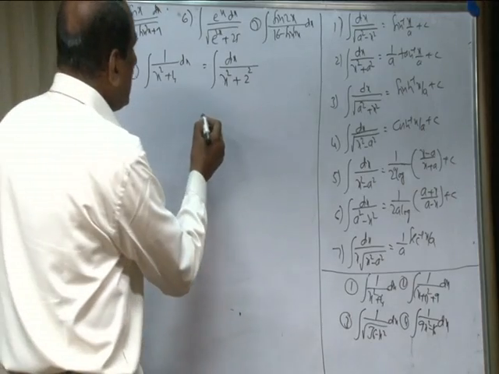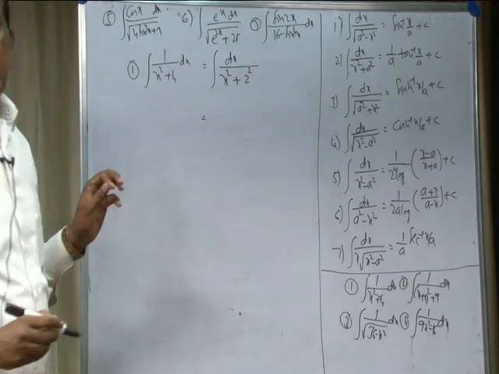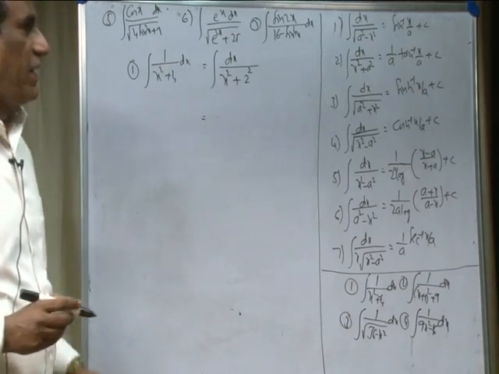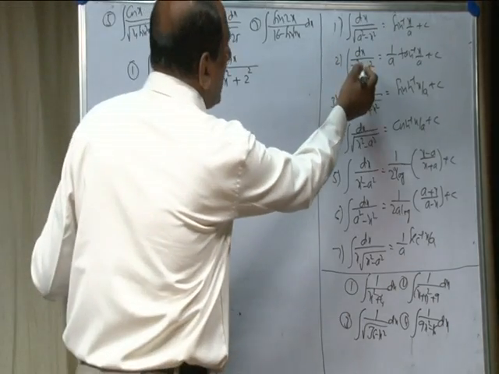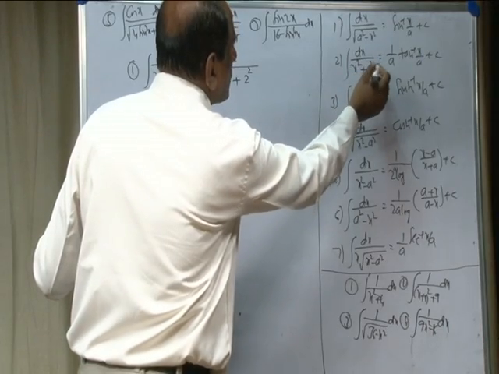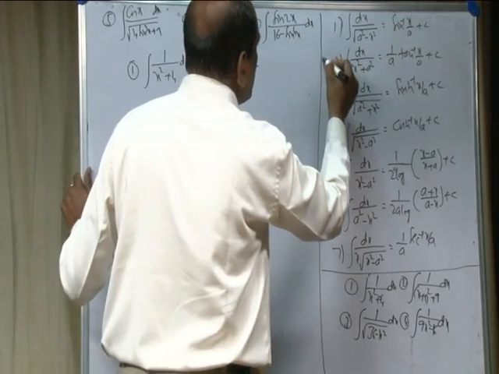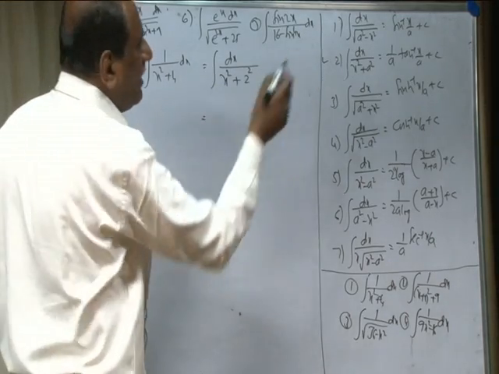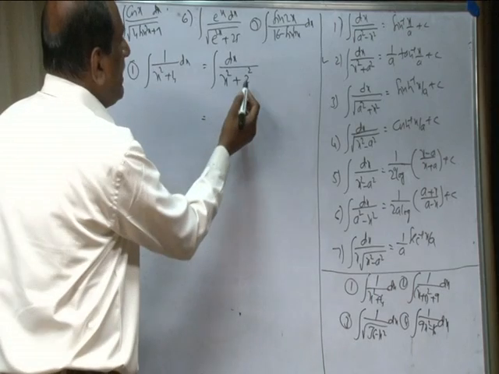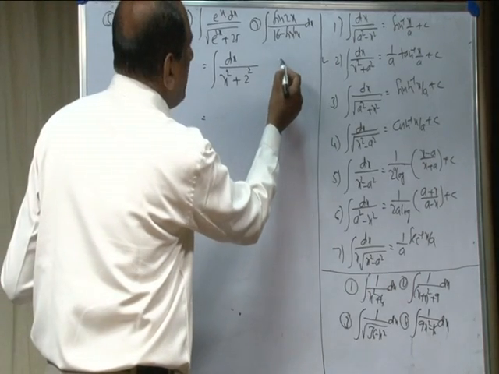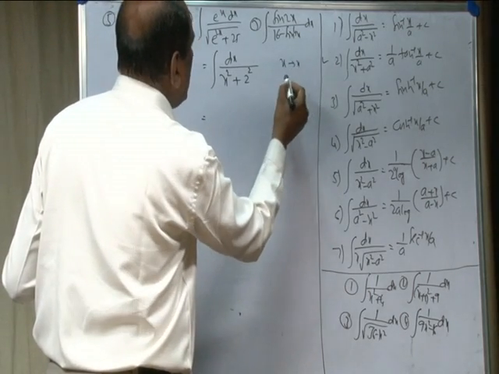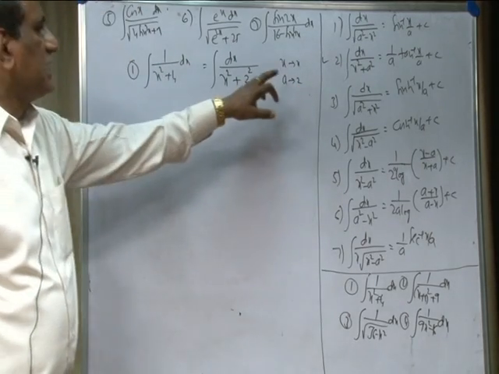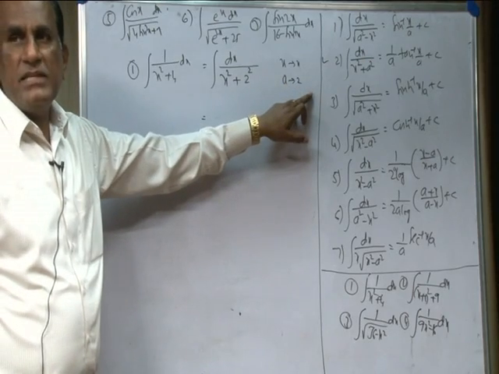Now, using that standard result, write the integral of the given function, that is dx by x square plus 2 square. I am going to use this result: dx by x square plus a square is equal to 1 by a tan inverse x by a plus c. Here a is 2. In the place of x, x is there, in the place of a, 2 is there.